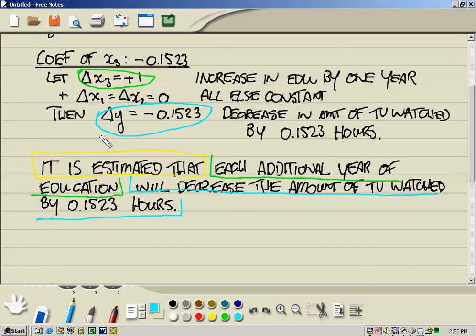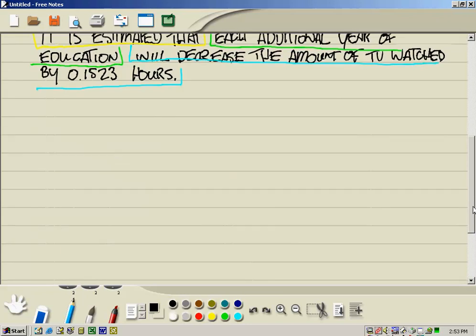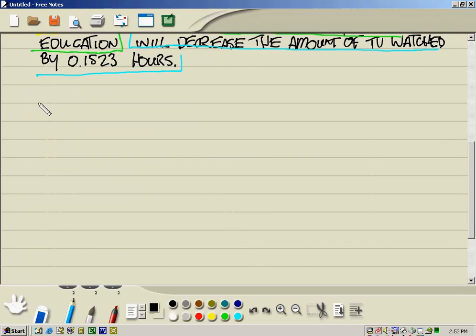Alright, so that's our first interpretation. Next interpretation will be for the dummy variable, the coefficient of x1, and the coefficient of x1 is a negative 1.176.